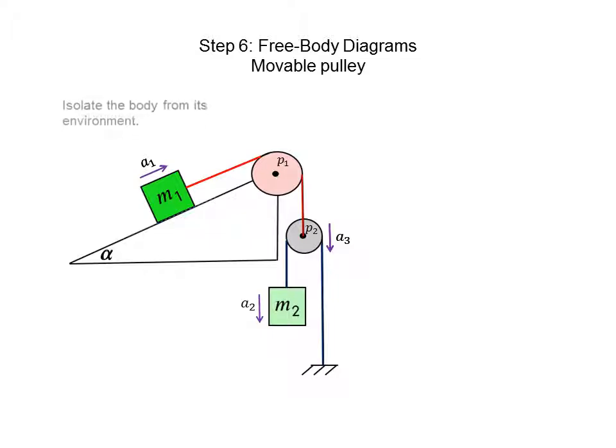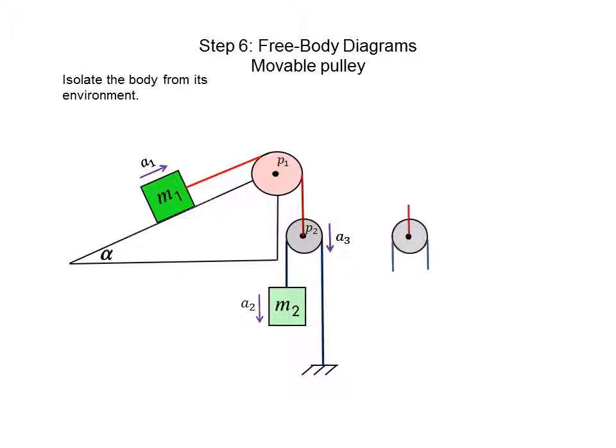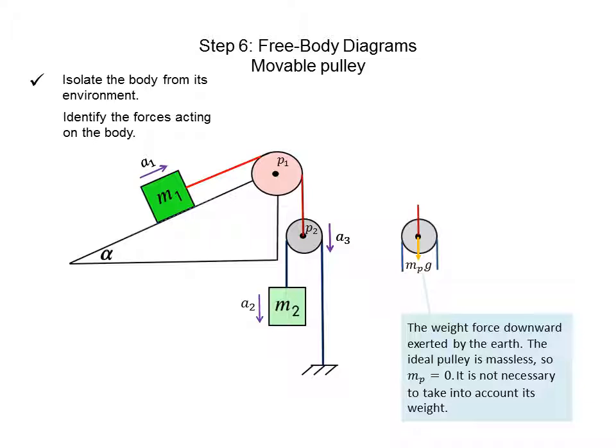Step 6. Free body diagrams. Movable pulley. Isolate the body from its environment. Identify the forces acting on the body. The weight force downward exerted by the earth. The ideal pulley is massless, so MP equals 0. It is not necessary to take into account its weight.